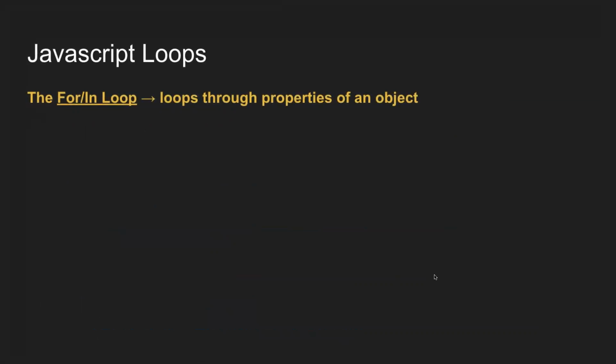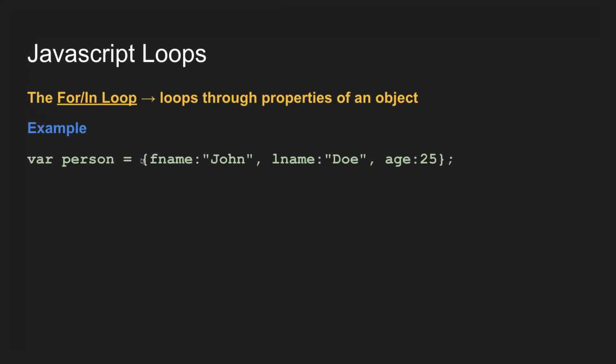let's look at the for in loop. The for in loop loops through properties of an object. If you remember, this is an object. This is not an array. In an object, we have a label and a value, a label and a value, a label and a value.